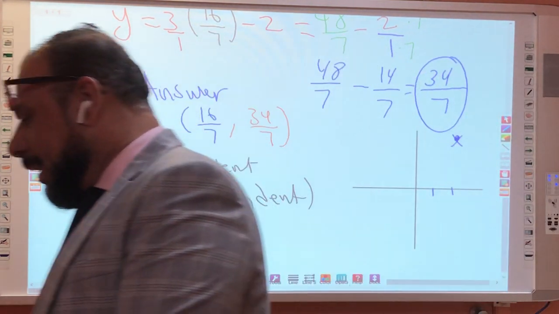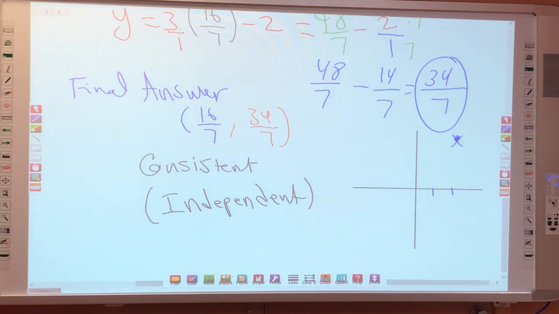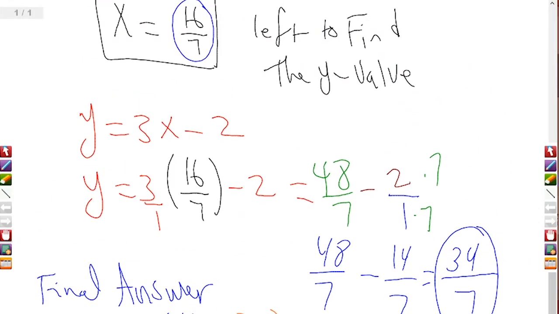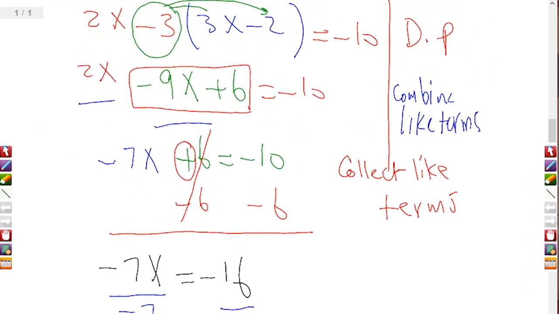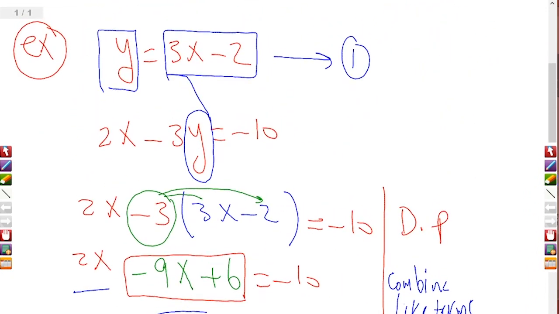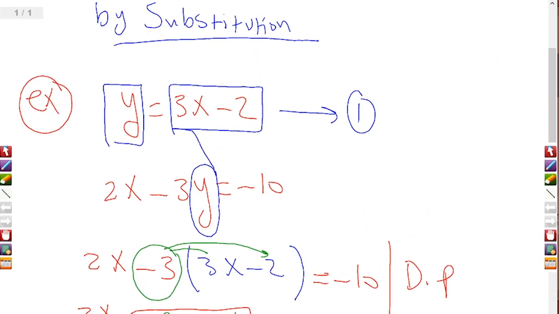The equation I have is y equals 3x minus 2. And the other one is 2x minus 3y equals negative 10, to see if our answer is right.